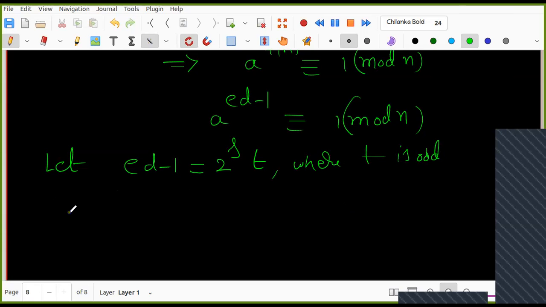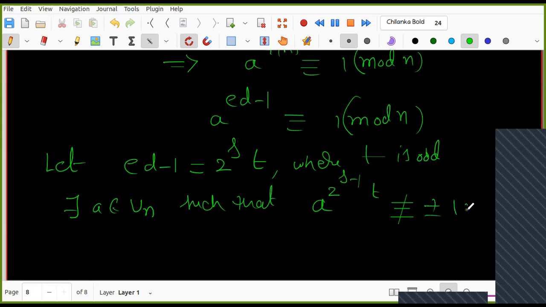Then it is easy to show that there exists a belonging to U(n) such that a power 2 power s minus 1 into t is not congruent to plus or minus 1 modulo n. In fact, we can find half of them.